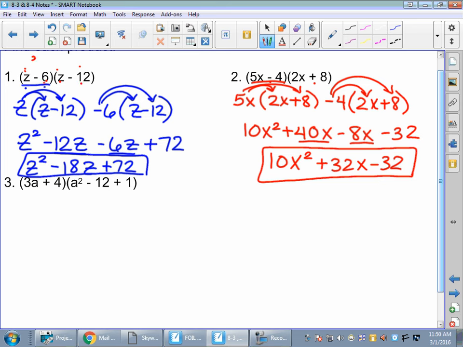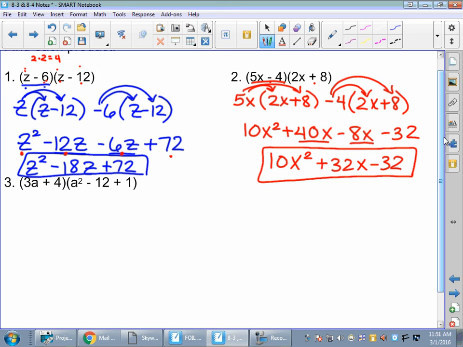The reason is that a 2 by 2 should give you 4 multiplications. So you have z squared, negative 12z, negative 6z, and 72. There's your 4. The answer condensed down to 3 terms, but that's just because 2 of those 4 were alike. Same thing in number 2: there were 2 numbers in the first term and 2 in the second, which leads to 4 total multiplications.